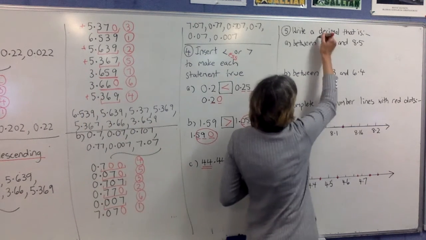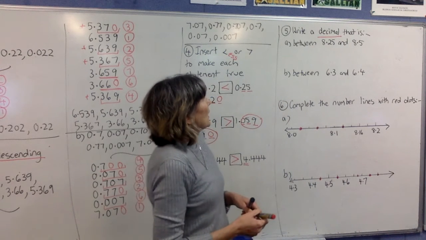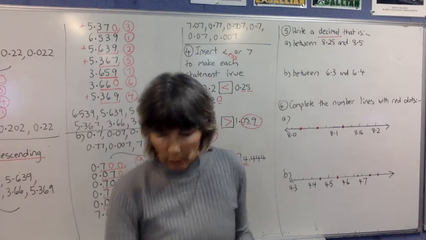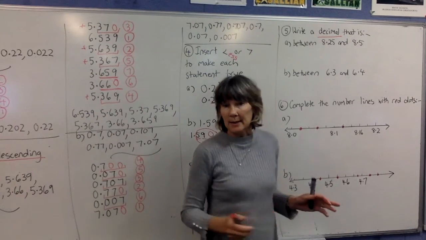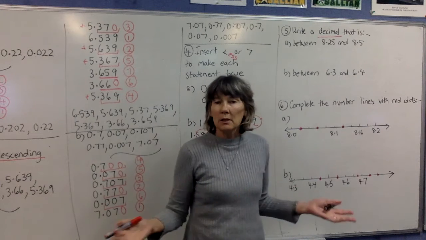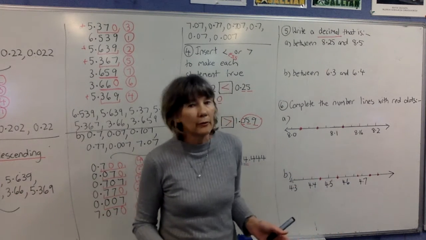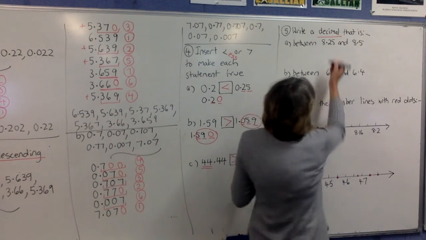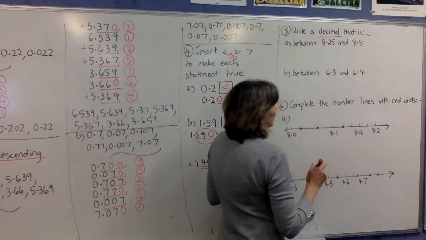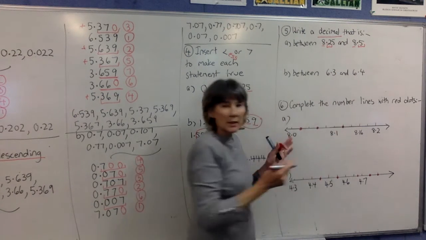All right, now this next question. We're writing a decimal that is between 8.25 and 8.5. Now there are many correct answers here, right? Lots and lots, there's an infinite number of correct answers. And there's plenty of wrong answers too. So you could say, well, they both start with an 8, but then they're different here in the first decimal place.